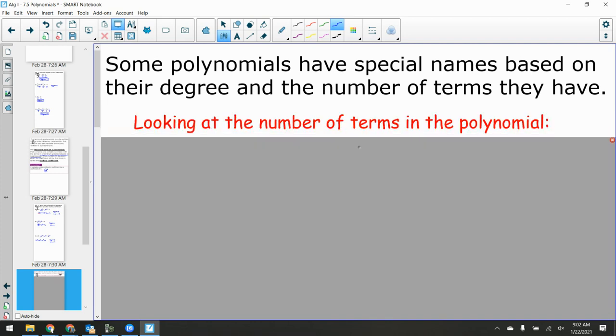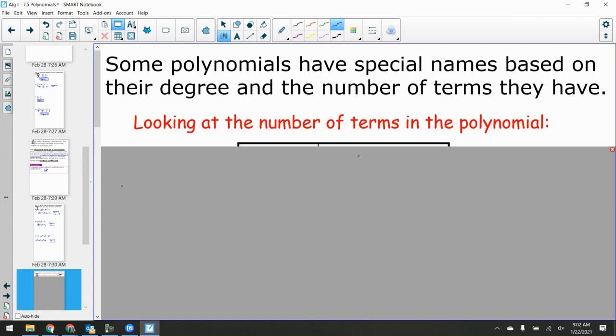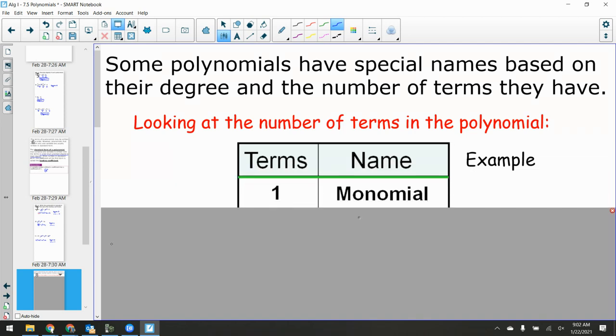It's got one name for the number of terms, and it's got another name for the degree. Okay, so if it has one term, we've already talked about it, it's a monomial. One term is called a monomial.